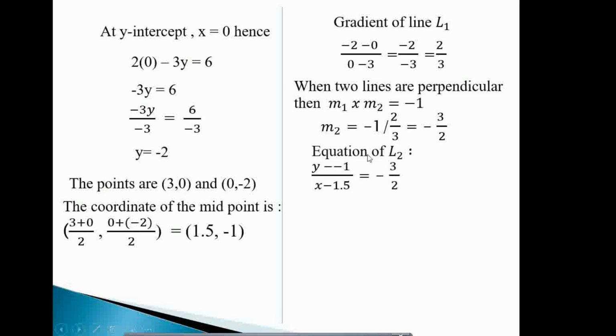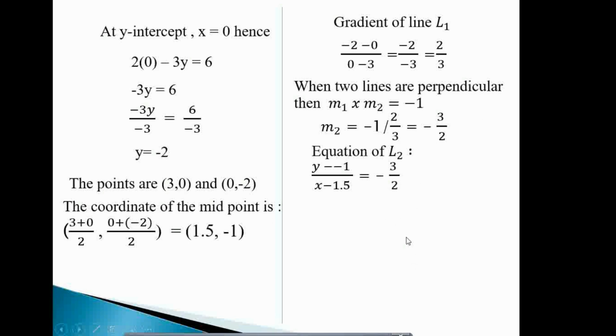So the equation of the line that is perpendicular and passing through the midpoint, in short the perpendicular bisector, will take y minus 1, the y-coordinate of the midpoint, and x minus 1.5, the x-coordinate of the midpoint, equal to the gradient, which is -3 over 2.